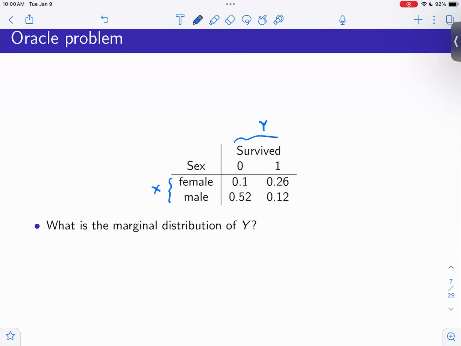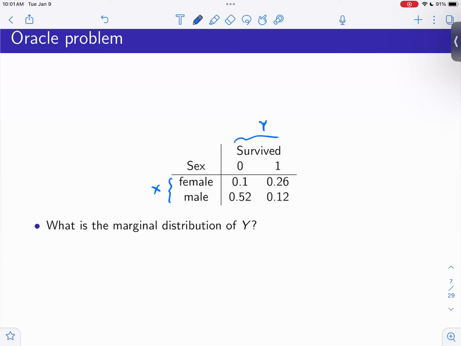So what is the marginal distribution of Y, let's say? See if you understand the terminology. If I give you this table, what is the marginal distribution of Y? A joint distribution has two marginals, the distribution of Y and the distribution of X. Yes, good.